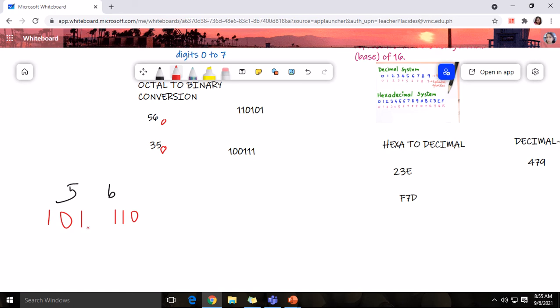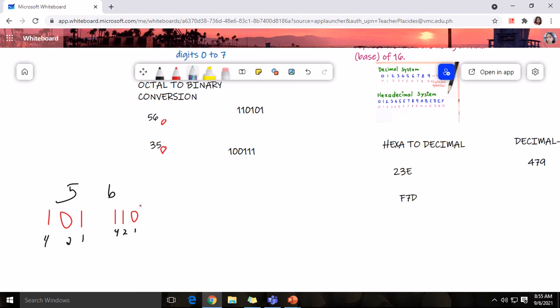Why is it like this? Find the value of each binary digit. If you remember, 1, 2, 4, 8, 16, 32, 64, 128. So this is what we do: 1, 2, 4. Okay? So let's add.